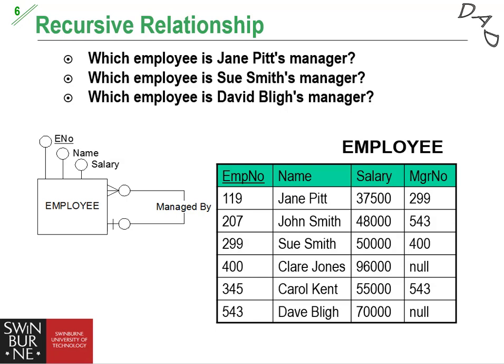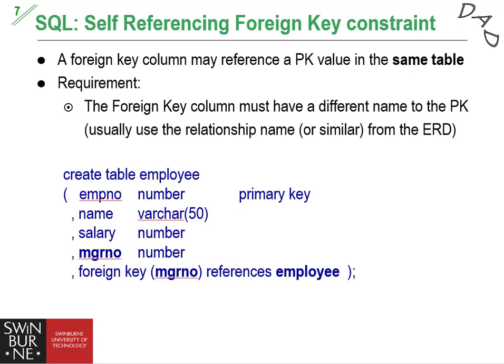So how are you going to implement this in the Oracle environment? Now remember, a foreign key column may reference a primary key value in the same table. The example that we have talked about is called the recursive relationship.